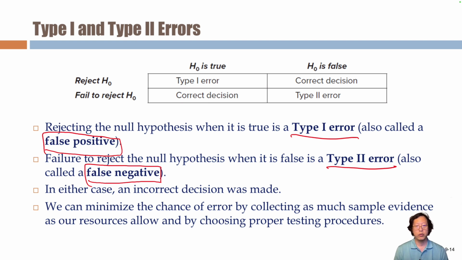So we will try to minimize the chances of the error by collecting the sample. We can find out what is the chance of type 1 error and type 2 error later, but we will focus on making a conclusion in this chapter.